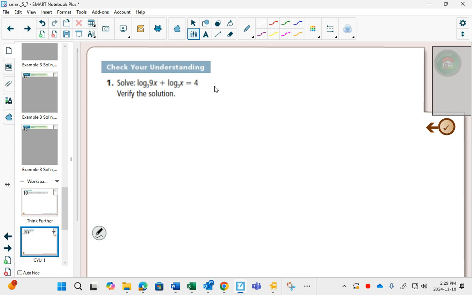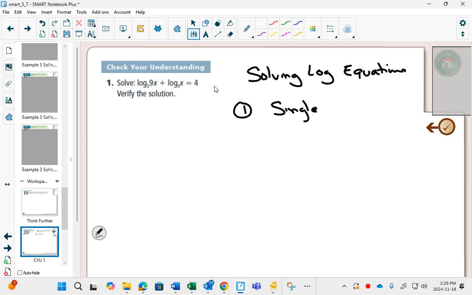So, the whole goal of solving log equations is using your skills to write things as a single logarithm. Do we have a single logarithm right now? No. We have two logarithms.